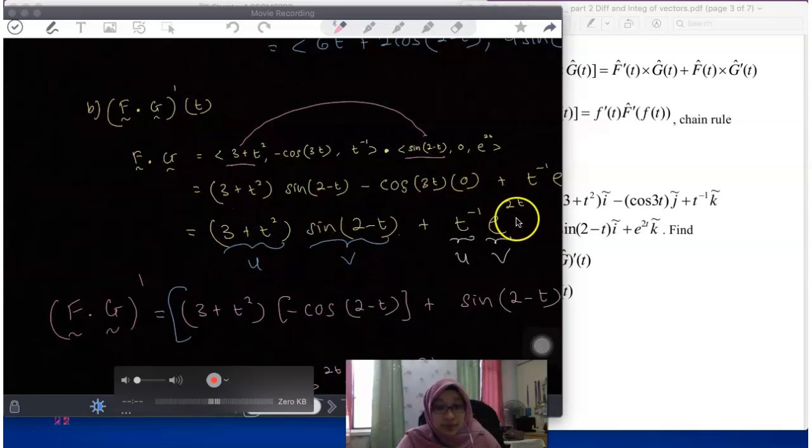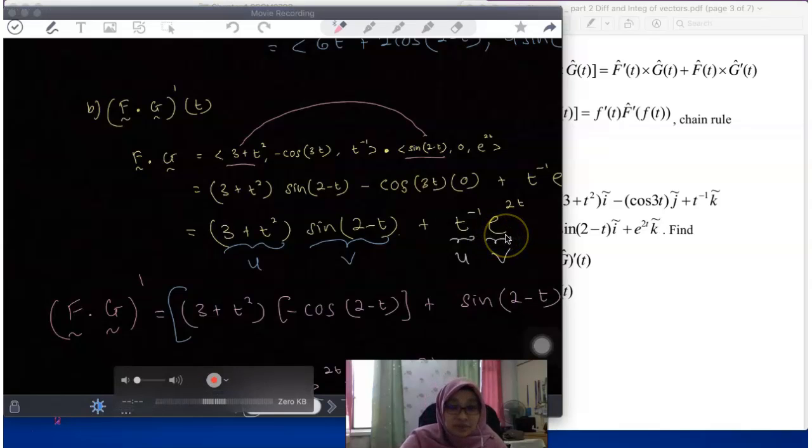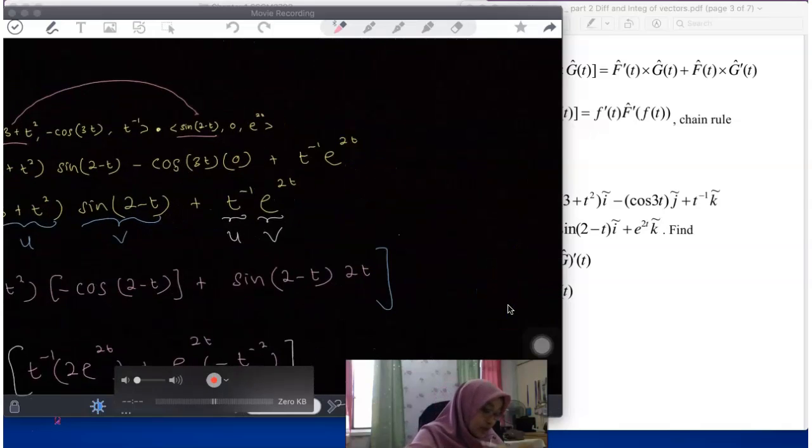Now we go to the second term. We have another multiplication of two functions, so we apply the product rule again: uv prime plus vu prime.